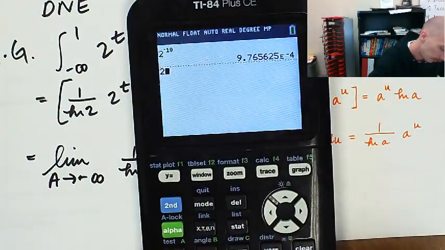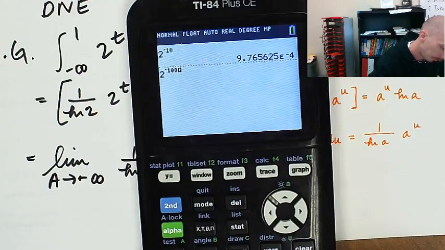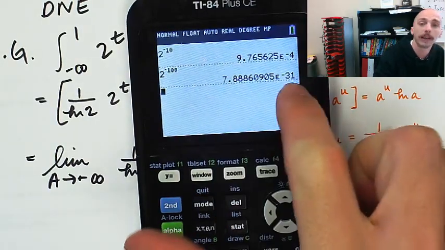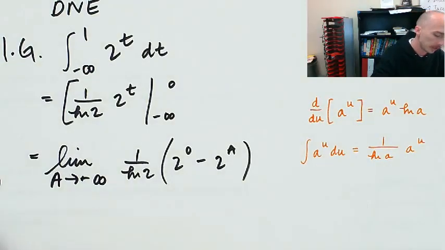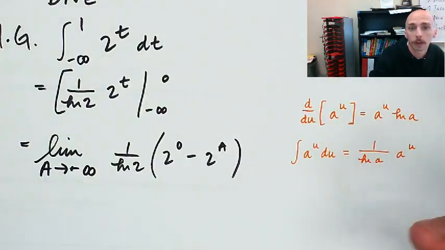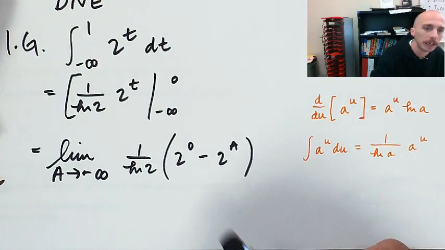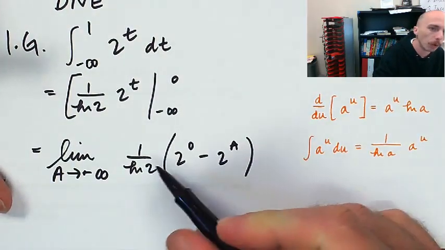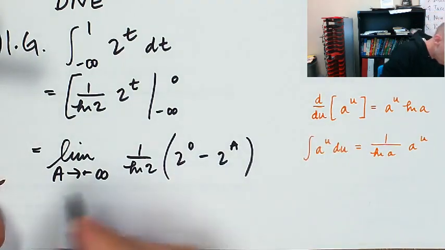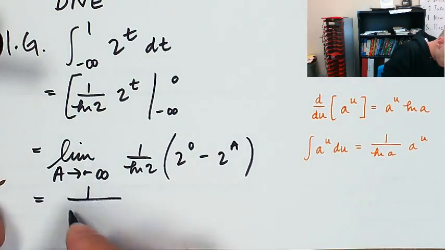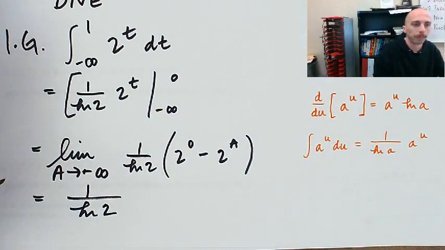And 2 to the negative 100, let's see, can it do that? Yeah, 10 to the negative 31st power. That's basically 0. Or you could think of it as 1 over 2 to the a as a goes to positive infinity. However you like it. Either way, this thing approaches 0, so I've got 1 over log 2 times 1 minus 0, and that's just going to be 1 over the natural log of 2.